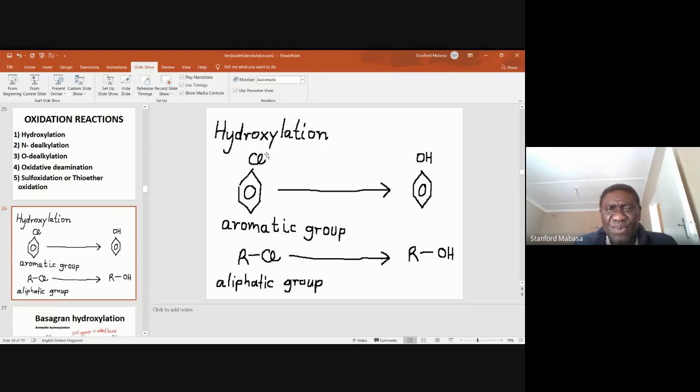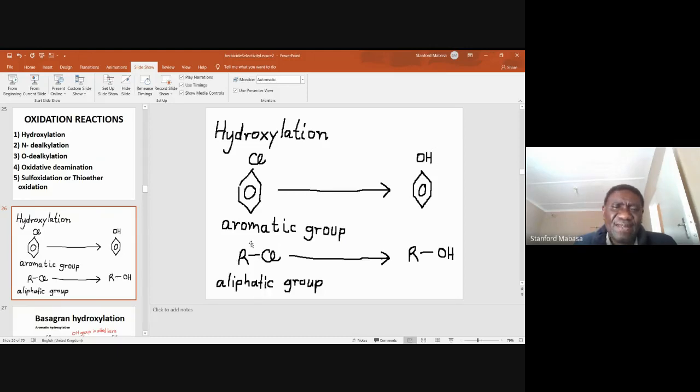For example, we can have an aromatic group, which is a benzene ring carrying a chlorine atom. This atom can be substituted by an OH so that this active herbicide is no longer active when we have OH.